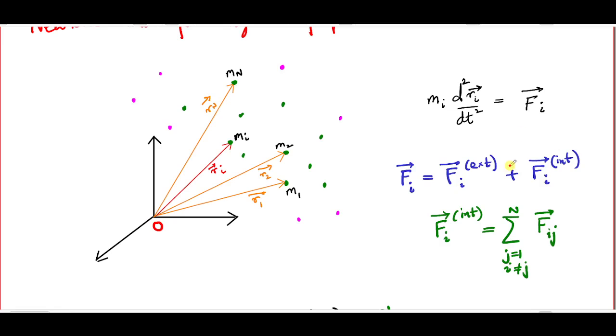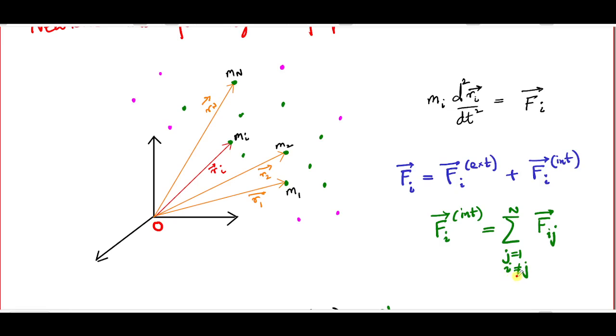Now what about Fi internal? This is the force on the ith particle given by all the other particles in the system. So, if you label the force acting on the ith particle due to the jth particle of the system by Fij, what you have to do is sum it up over all possible values of j running all the way from 1 up to n, with one exception.